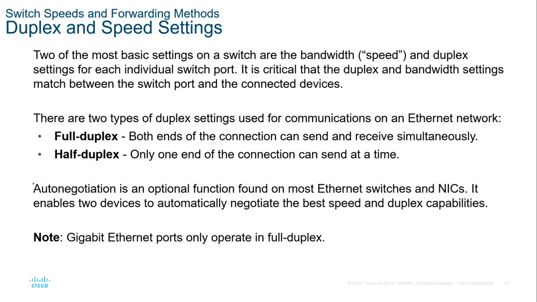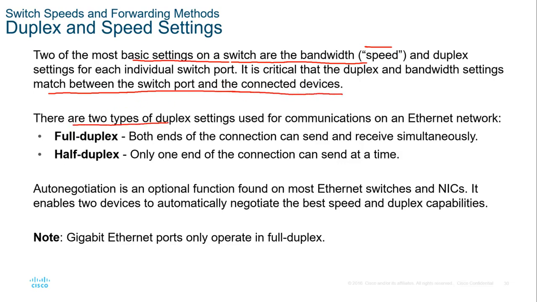So we have duplex and speed settings. Two of the most basic settings on a switch are the bandwidth, which is the speed, and the duplex setting for each individual switch port. It is critical that duplex and bandwidth settings match between the switch port and the connected devices.